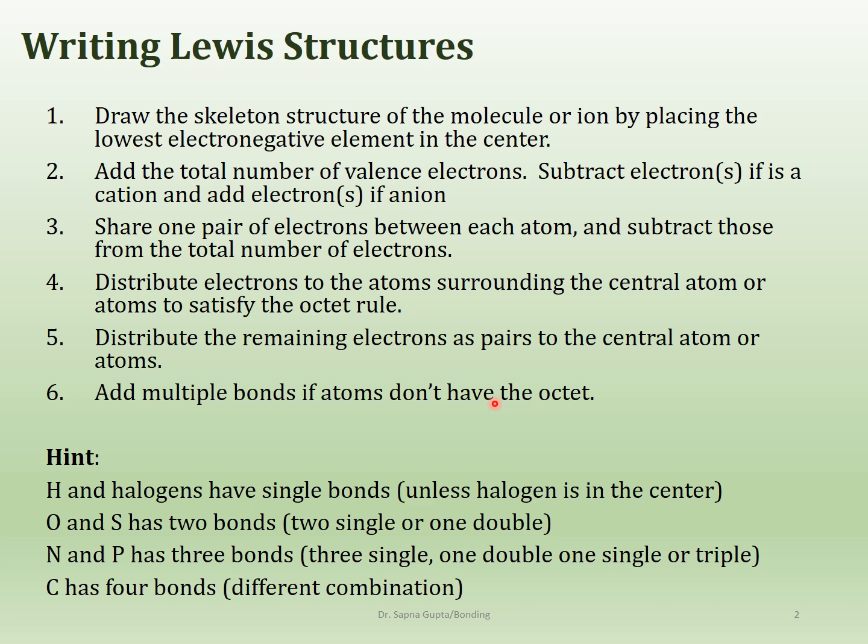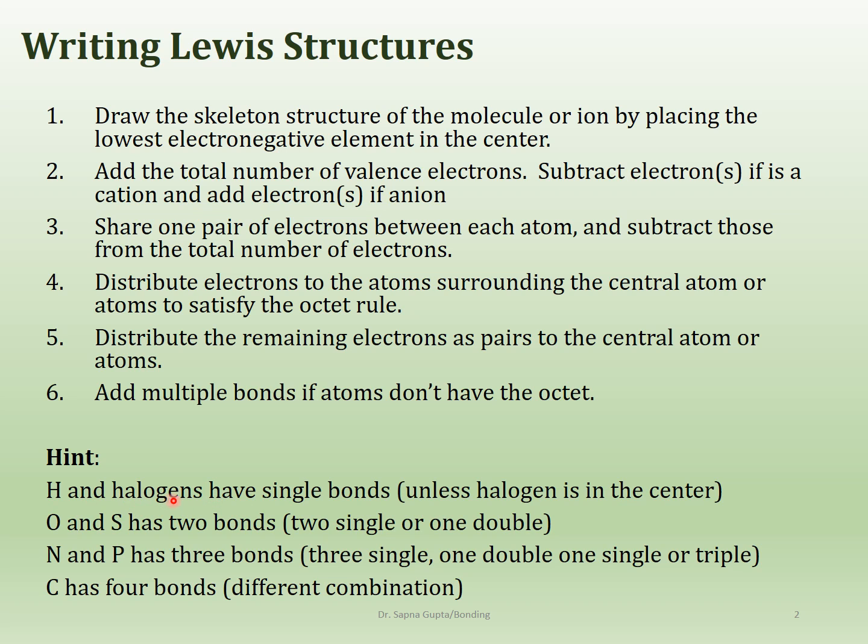It is quite simple. Once you start drawing out the Lewis structures, you will see it's a very systematic way of drawing Lewis structures. Here are some hints for you, and the hints here will keep your life a little sane and make sure that you're on the right track. For example, hydrogen and halogens will always have single bonds. Why? Because halogens need only one electron, and hydrogen also needs to share only one electron.